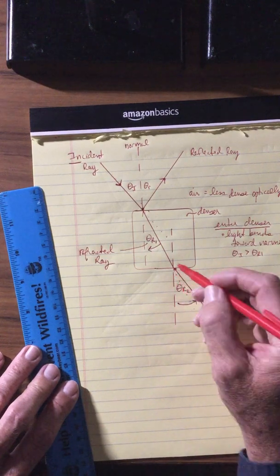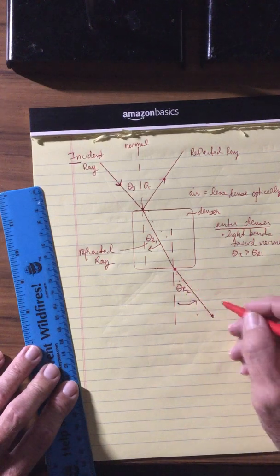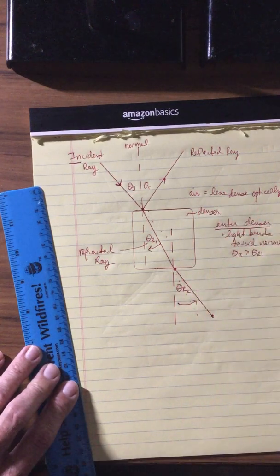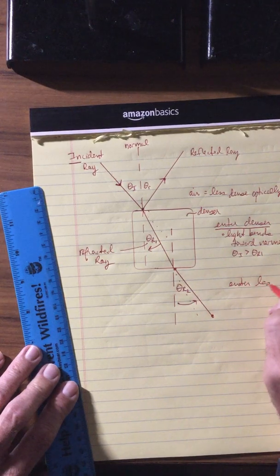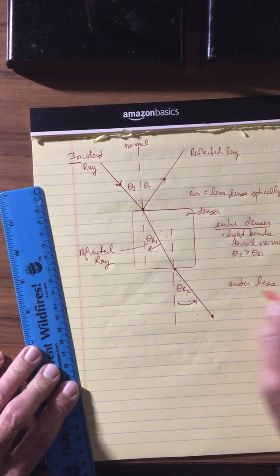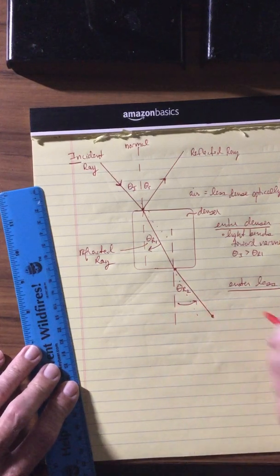Then note down here, when the light exited the glass, it's now entering air, which is less dense. So when you enter less dense material, okay, the light bends away from the normal.